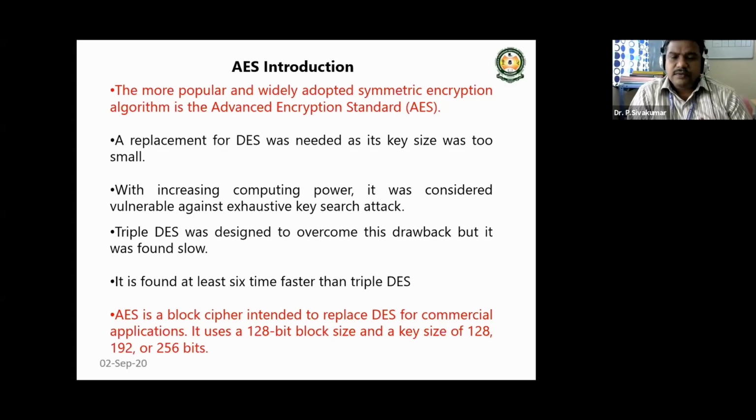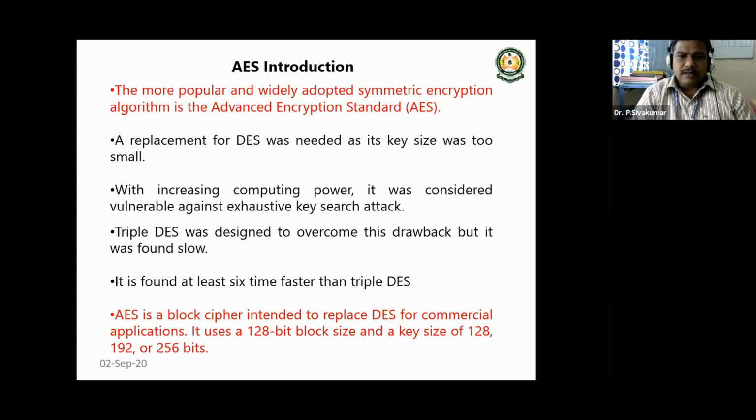AES cipher means how the encryption and the decryption algorithm is performed. In the university examination, the question will be asked in two parts: one part is AES criteria evaluation, another part is AES cipher. So depending upon the question asked, you can write the correct answer. Okay. So now we can start the AES introduction.